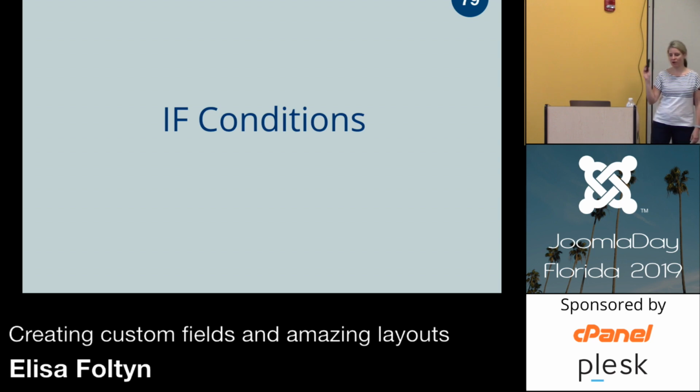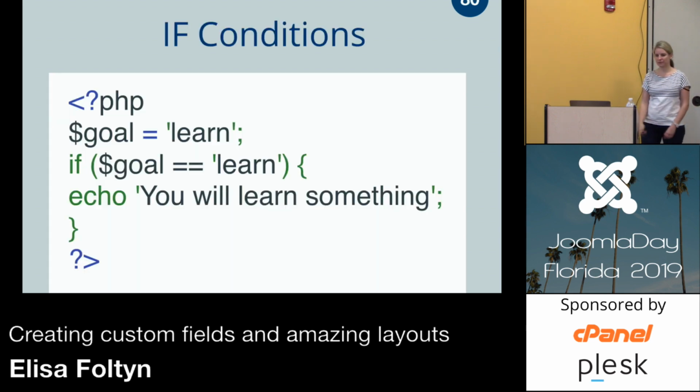Almost the most important thing we need in Joomla overrides are if conditions. If this, then that. So if your goal, that's our variable, our goal is to learn something.